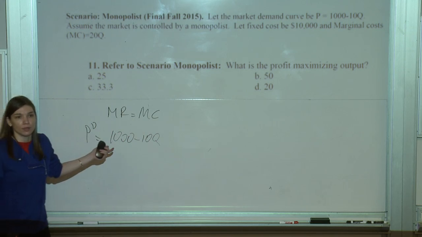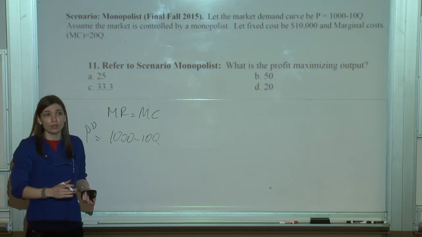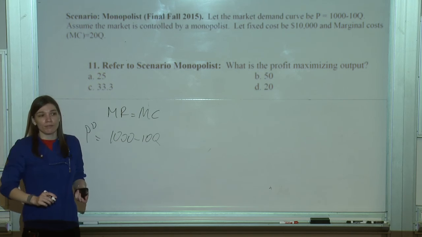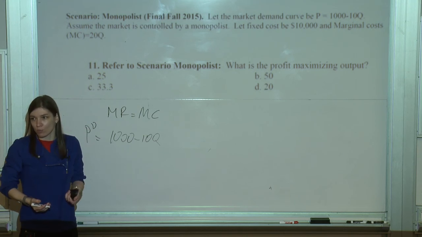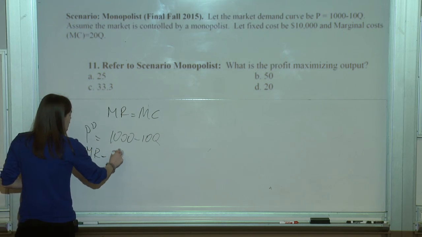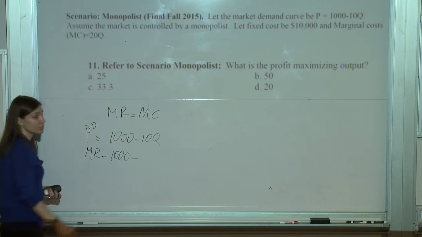From there, I can derive marginal revenue. We know that the marginal revenue curve is going to start at exactly the same intercept as the demand curve, but it's going to have twice the slope. So the marginal revenue curve then is going to be 1,000, the same intercept, but the slope would be doubled. So minus 20Q.